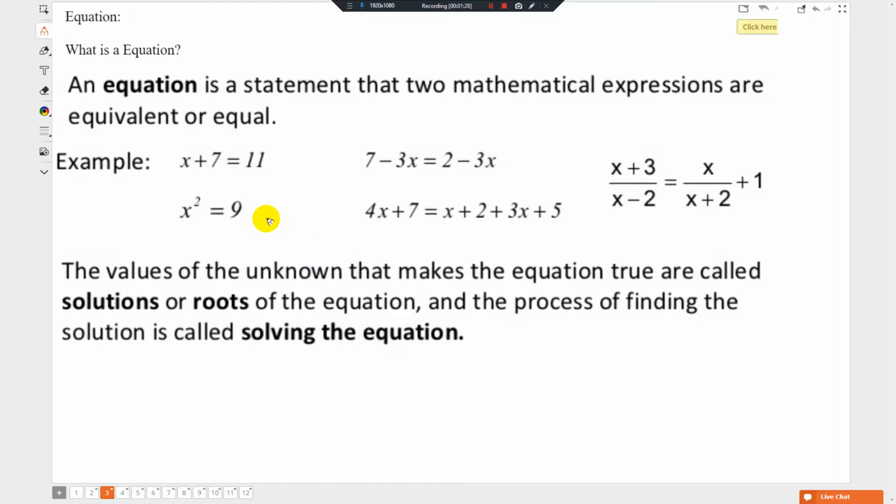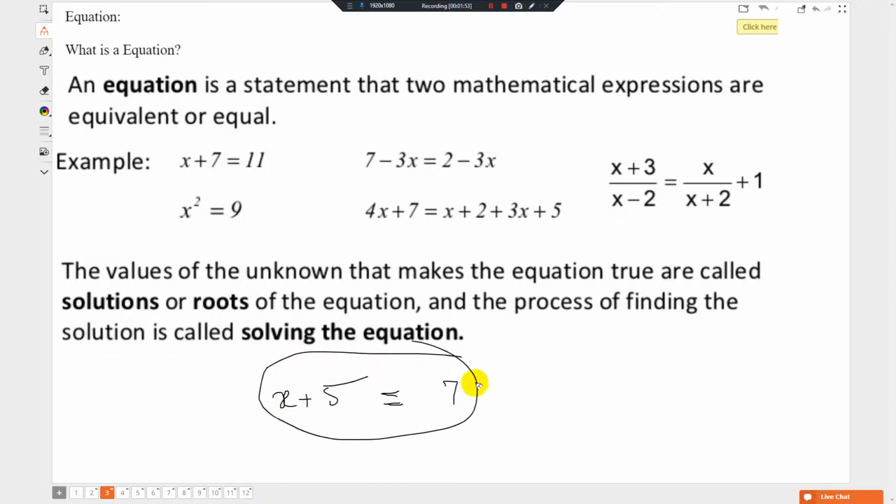An equation is a statement when two mathematical expressions, like x plus 5 is an expression and 7 is also an expression, have an equal to sign in the middle.